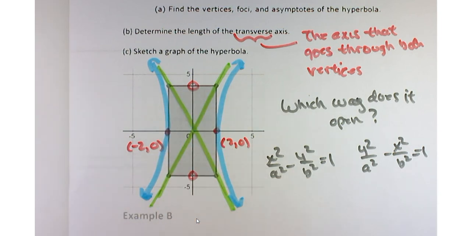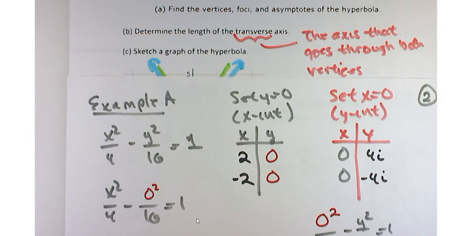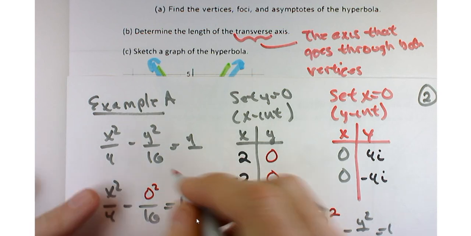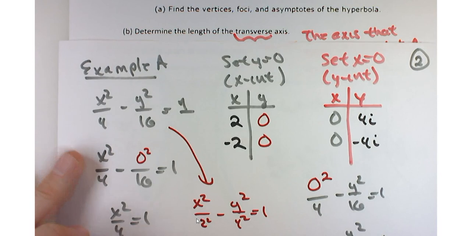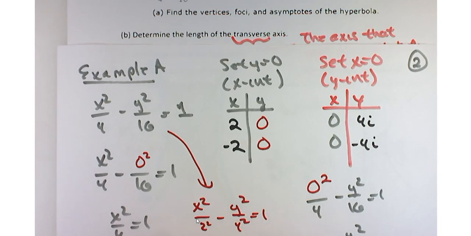So when we look back at our original equation, we realized that we could write this in a more productive way. I'll write that as x squared over 2 squared minus y squared over 4 squared equals 1. And then you can find those points by moving 2 to the left and 2 to the right.